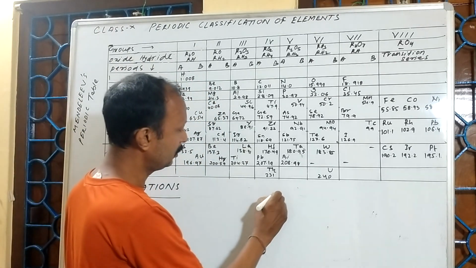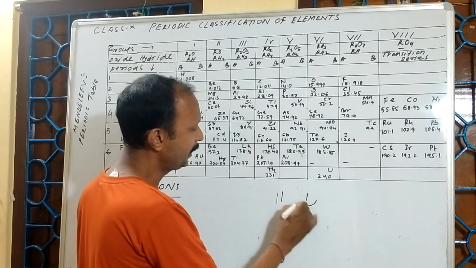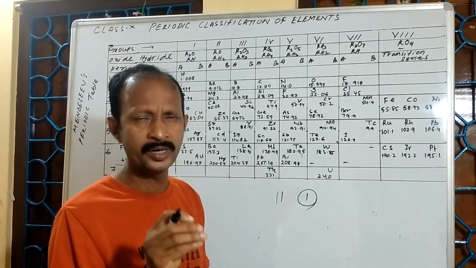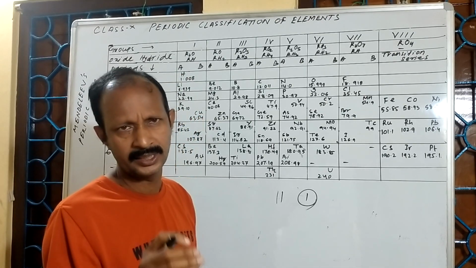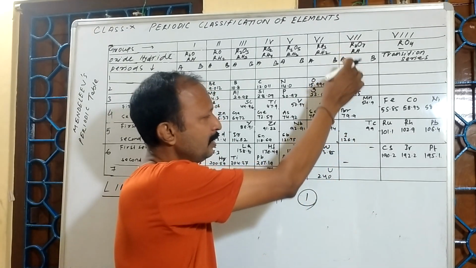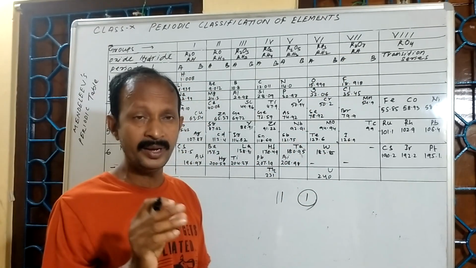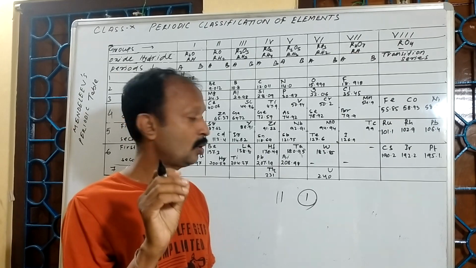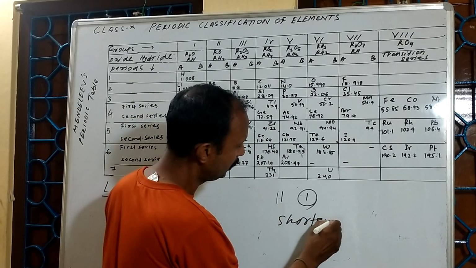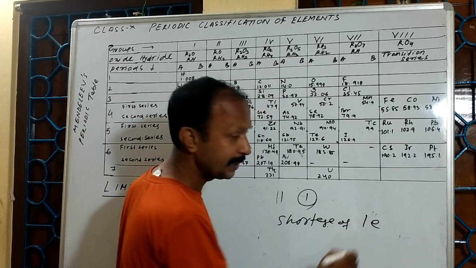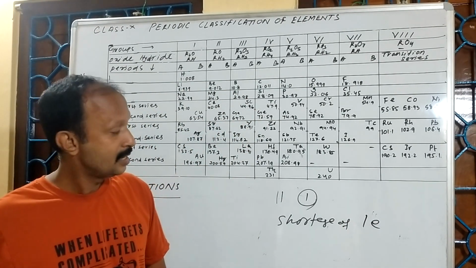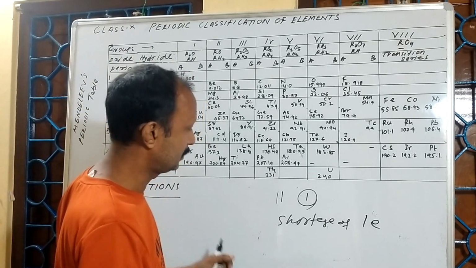How? Hydrogen has atomic number 1. It is short of one electron to achieve the electronic configuration of an inert gas, helium. At the same time, the elements present in the 7th group are also short of one electron to achieve the electronic configuration of an inert gas.